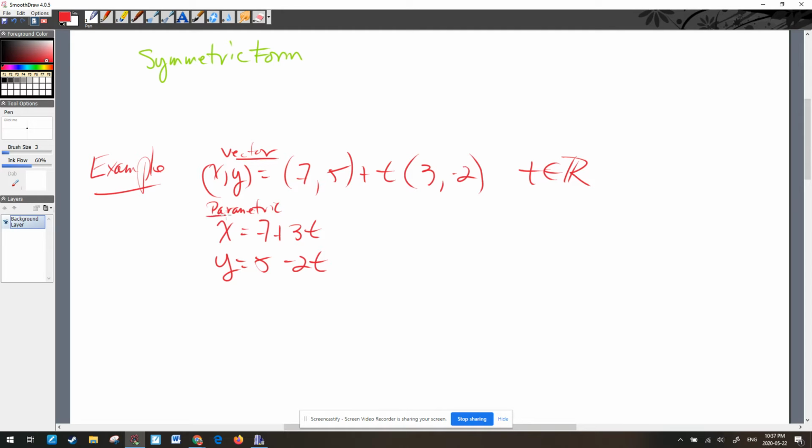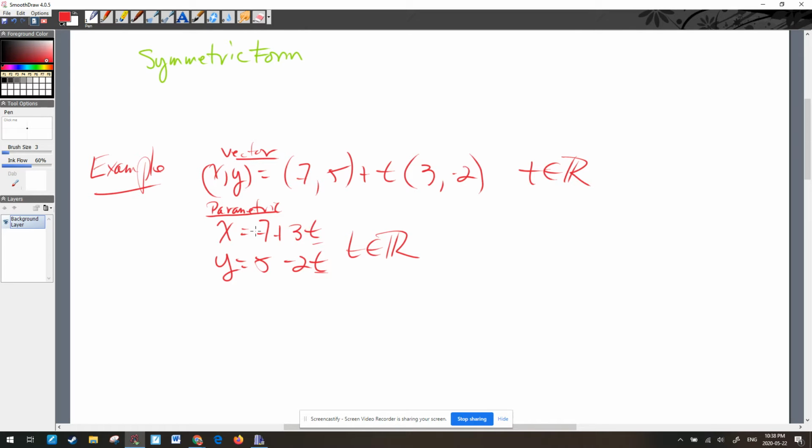Now, what we're going to do is get the symmetric form. Again, t is a member of the reals here, and I talked about the idea that t in any single point has to be a consistent t. So for any given point, this t has to be the same as this t.